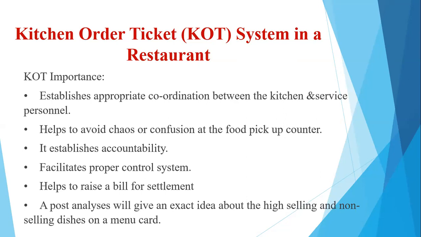Again, as we know, things are attached with billing, so automatically the correct bill will be printed. So that's where it will be saving the time of the waiters as well. And then if you do a post analysis of the number of orders that are being placed with a particular variety of a dish, then you can identify the items that are going hot in the restaurant.